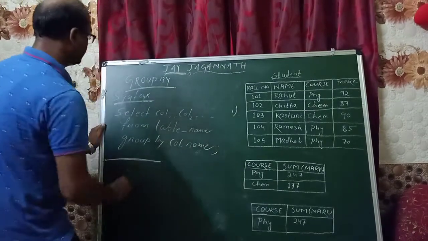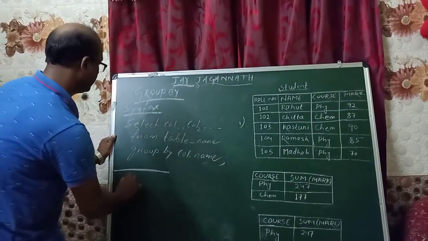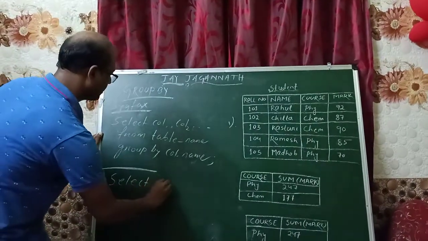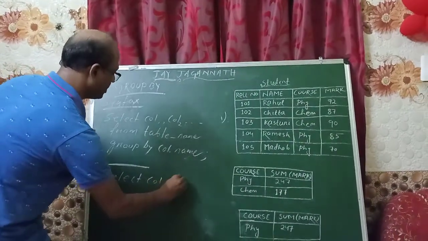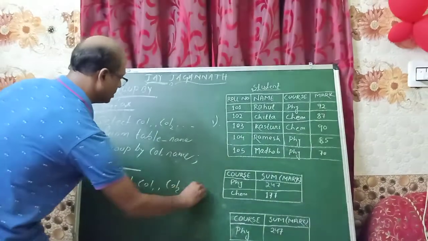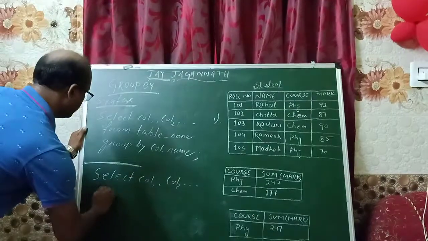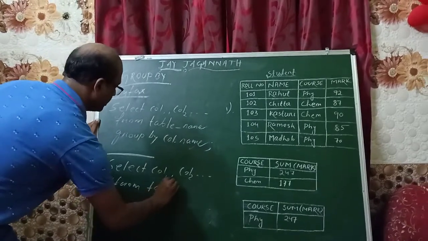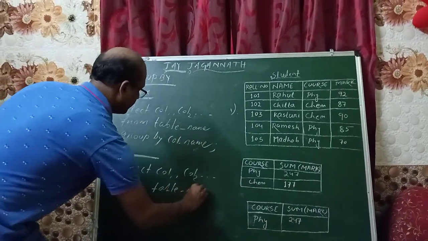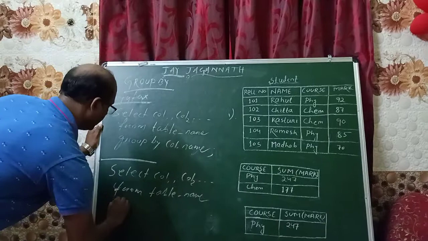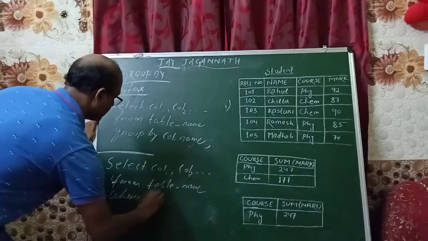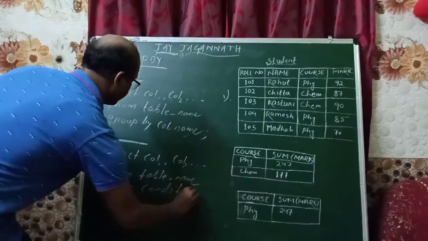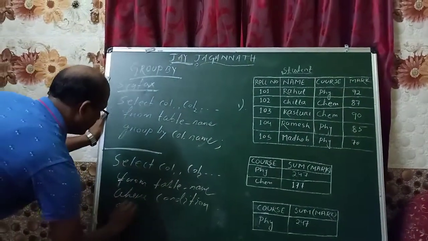Another type of syntax we can also use: select column 1, column 2 from table name where condition group by column name.